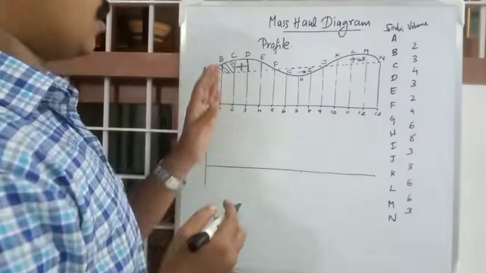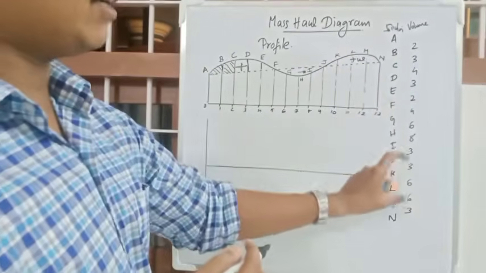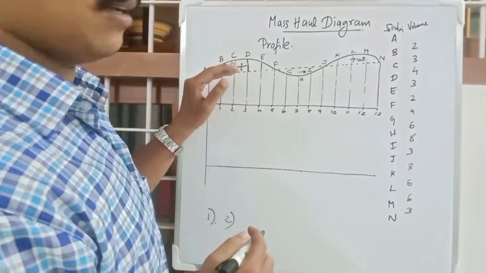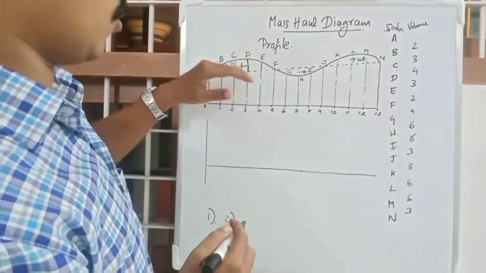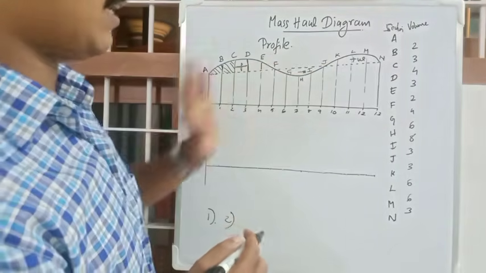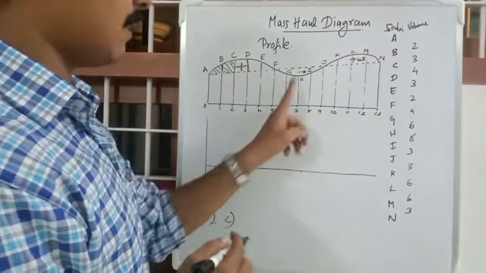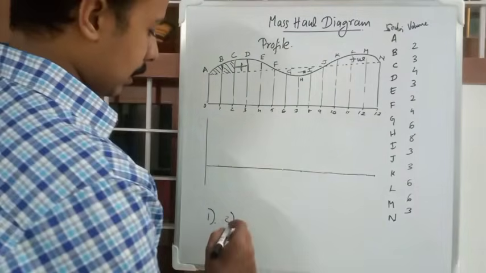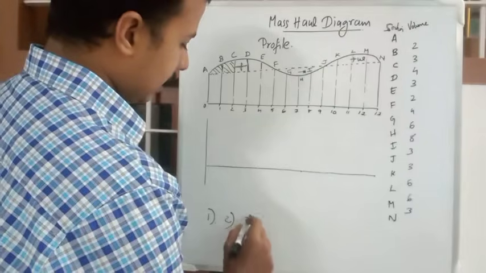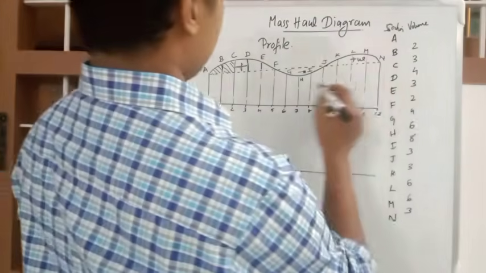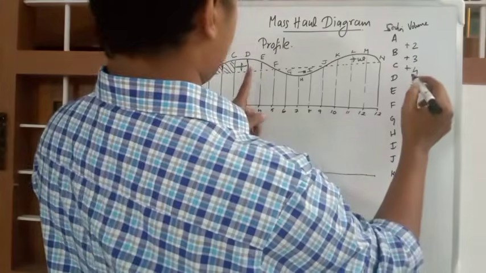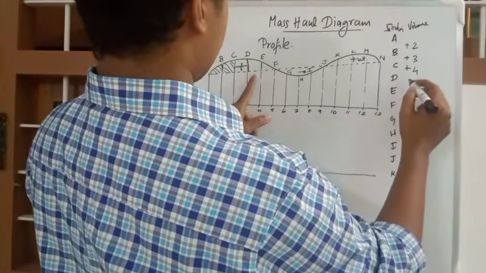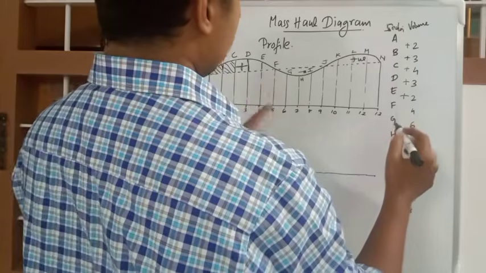So the volumes are given signs on the basis that all volumes to be cut are positive and those to be filled are negative. A to B, B to C, C to D are positive.